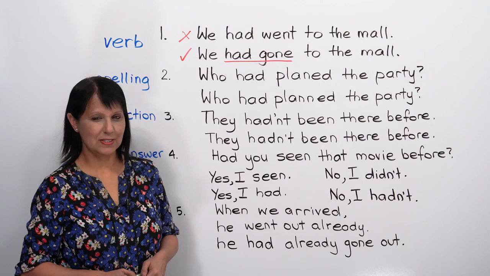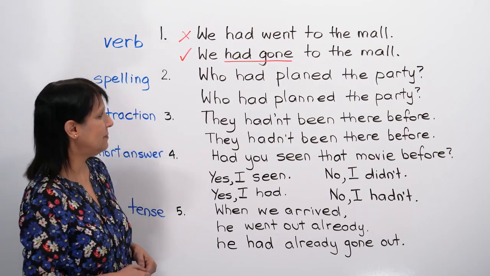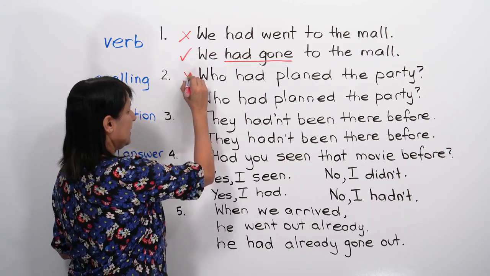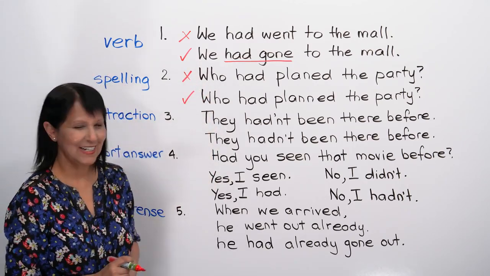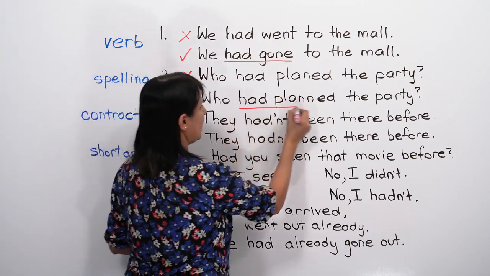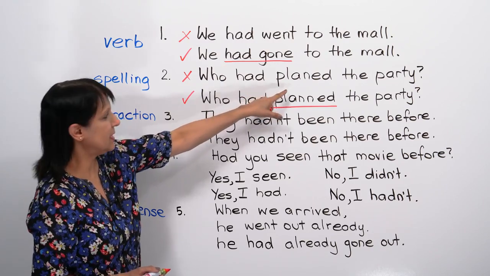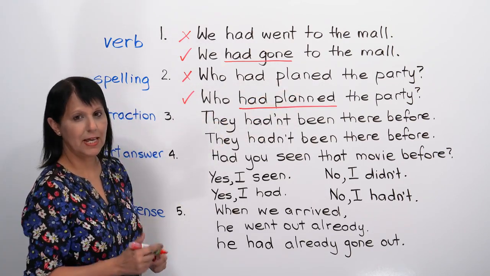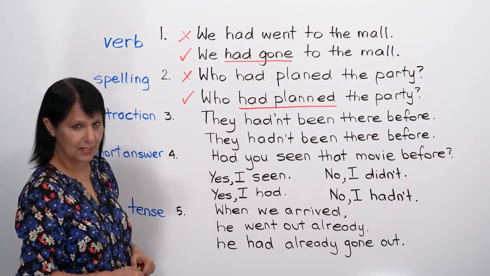So, what's the mistake there? So this time, this is wrong and this is right. But did you realize why? Because of spelling. So this is the correct spelling and this is wrong because it's missing the double N. So in this case, it was a spelling mistake.